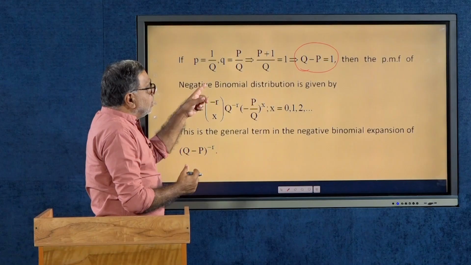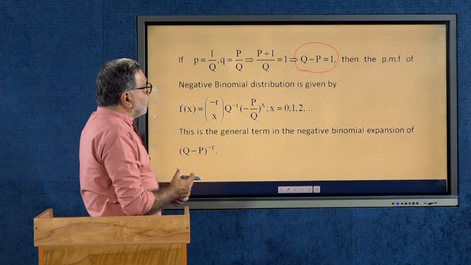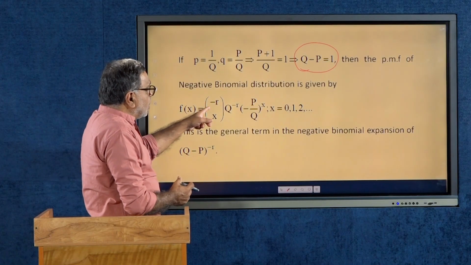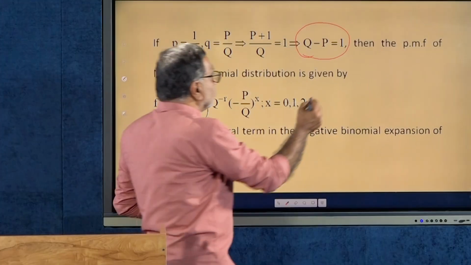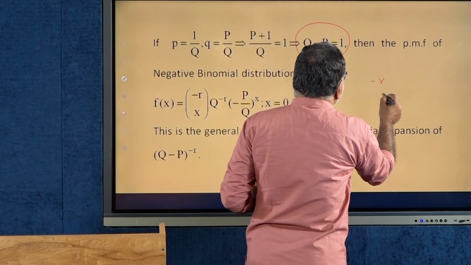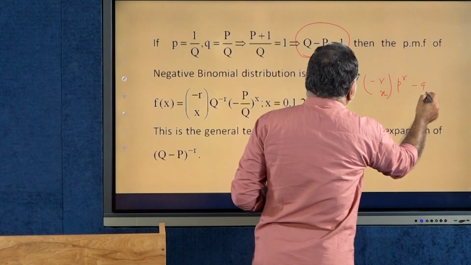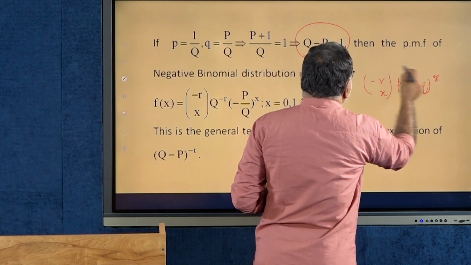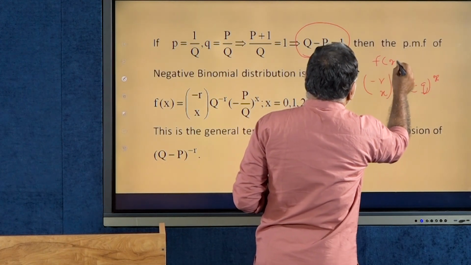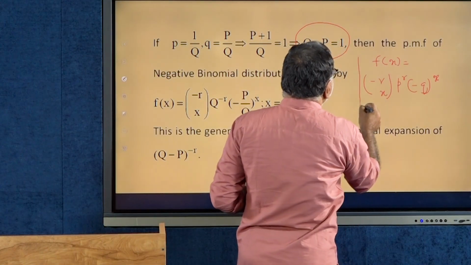Then the probability mass function of the negative binomial distribution, minus rCx, see earlier we have minus rCx p power r (minus q) power x, is the original form of the negative binomial probability mass function we have.